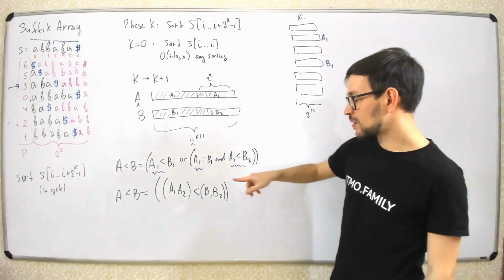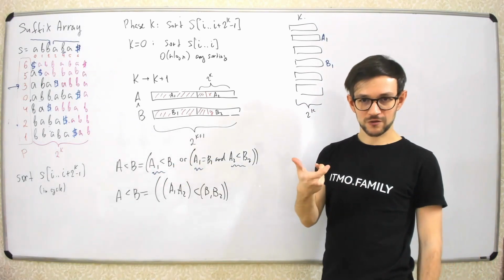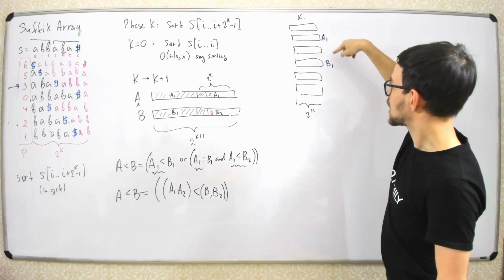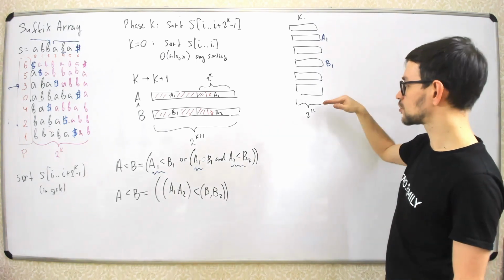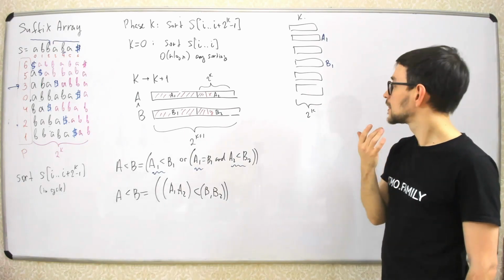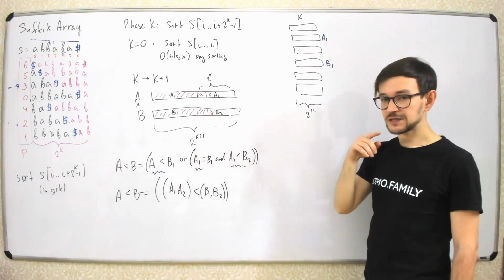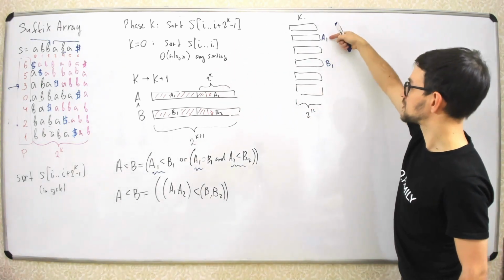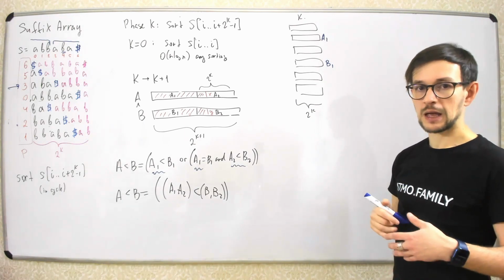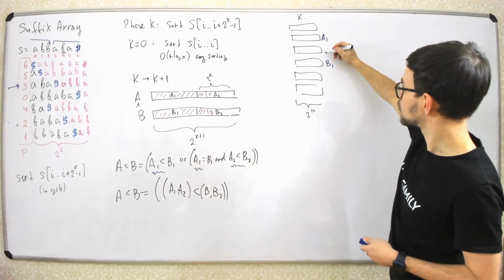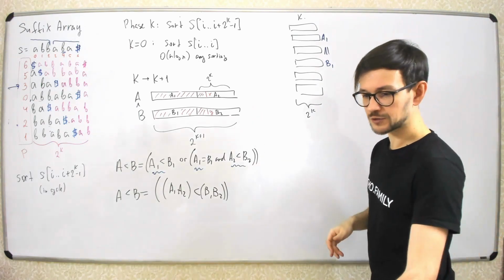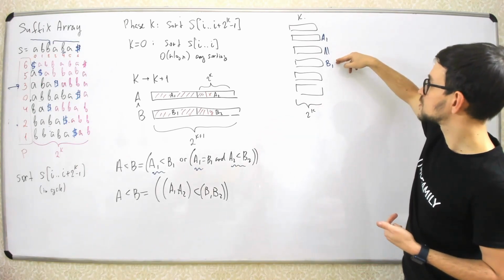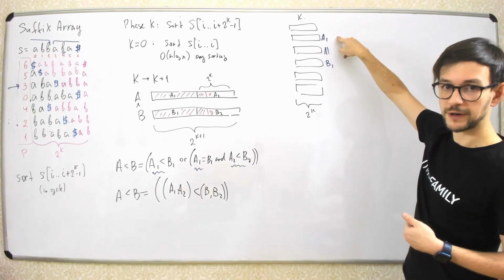So I want to compare two strings of the length 2 in power of k. I have both these strings in this array. This is the sorted array of strings of length 2 in power k. So how to compare these two strings? Since the strings are in sorted order, we can look at the positions of these strings in this array, and the string below must be greater or equal. Since the array is sorted, the string in the bottom must be greater than the string in the top, or equal.